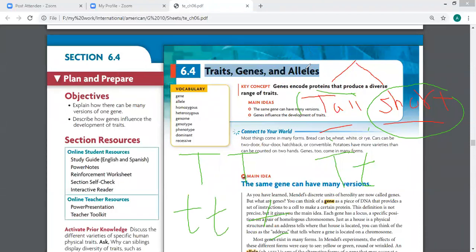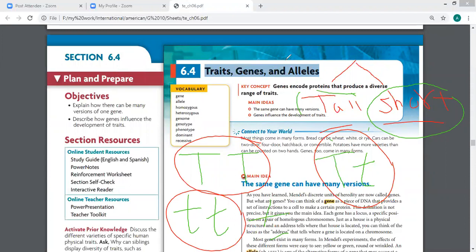Again, this is the genotype, and this genotype represents a phenotype. Capital T, capital T represents the dominant tall trait, pure. Capital T, small t represents a dominant tall plant, hybrid, not pure.